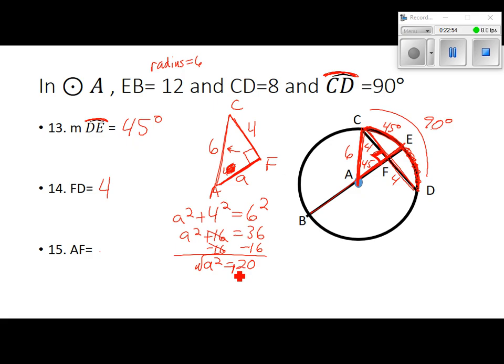Take the square root of both sides. Square root of 20. Grab your calculator. I end up with 4 point, what did it say there? I think it said round your answers off to the nearest hundredth. So 2 places, 4.47.